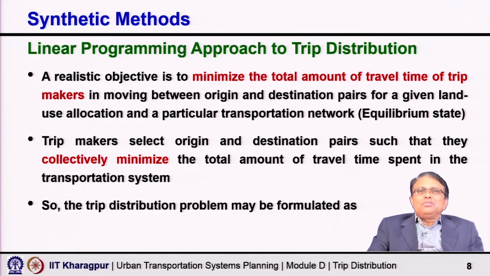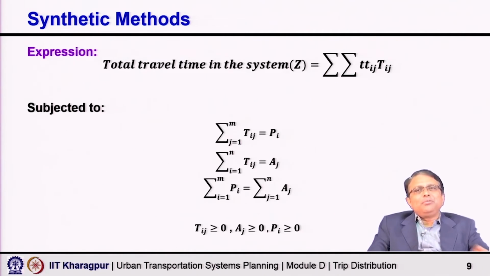Anyhow, if this is true, and people collectively try to minimize the total amount of travel time spent in the whole network, for all the origin destination zones, then it can be formulated like this: the total travel time in the system is the sum of TTij, the travel time for travel between i and j, times Tij, the number of trips that will happen between i and j, summed over all i and all j.